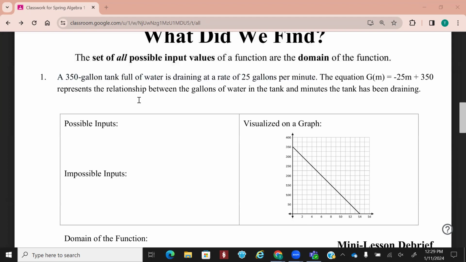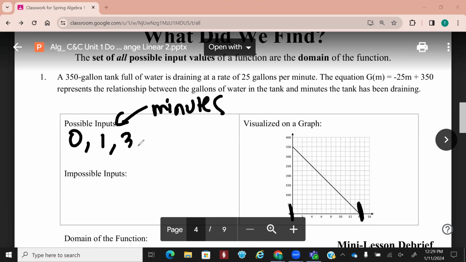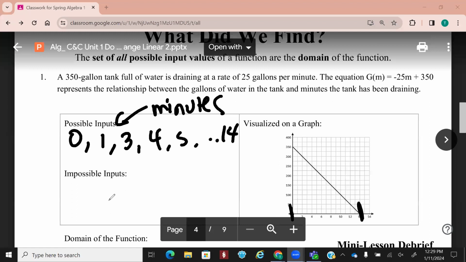Possible input. So my X values is going to be the number of minutes. I could plug in 0 minutes, and I can plug in 14, right? Now, what we can't plug in is negative numbers, or 15, or all the way up to positive infinity.